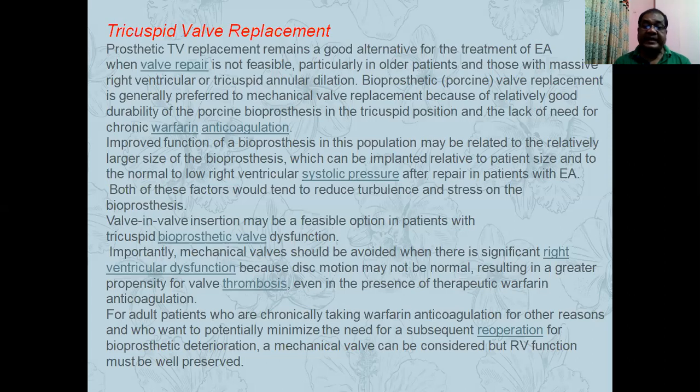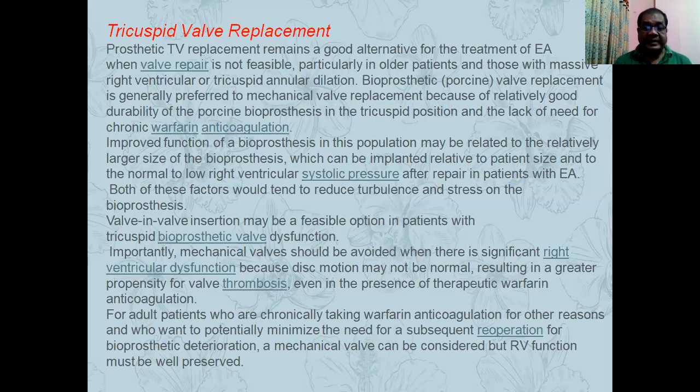Importantly, mechanical valves should be avoided when there is significant right ventricular dysfunction, because the disc motion may not be normal, resulting in a greater propensity for valve thrombosis. So it is most likely to undergo thrombosis, even in the presence of therapeutic warfarin anticoagulation. And we need a very high dose of warfarin. The INR is usually kept around 3 to 3.5, sometimes even 4.